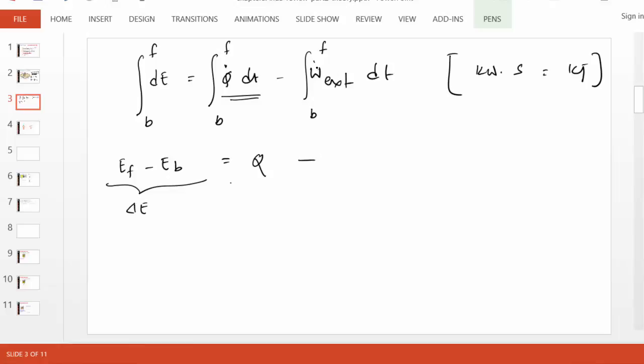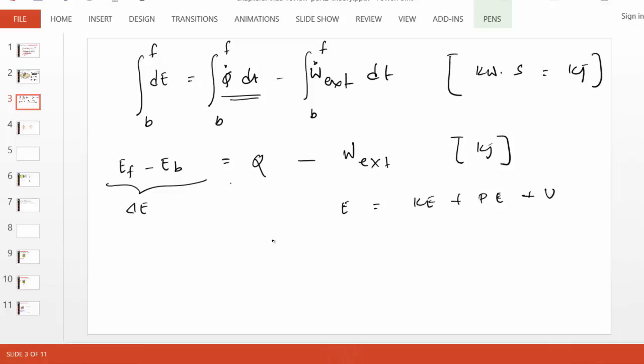Similarly, the work, this is the rate of work transfer times time. So the dot goes away, and this is what we are left with. So this is the energy equation for a closed process. Recall that E equals KE plus PE plus EU.